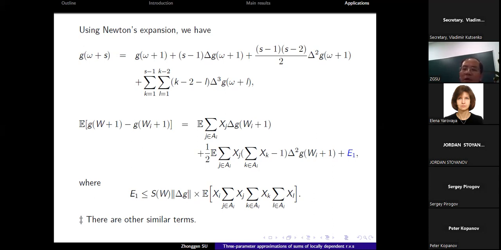The blue E1 is the error term. This error term is bounded by the norm of delta G times the expectation of X_i, plus more terms. This is one term; there are many other similar terms, and then we combine them together.